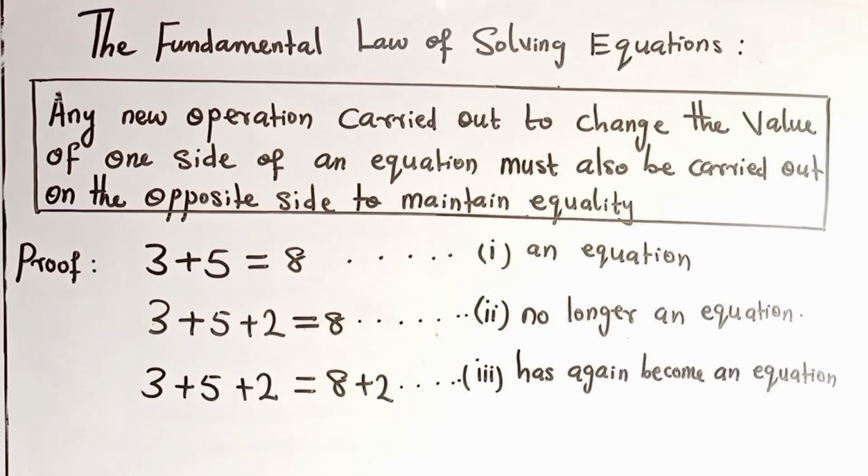Clearing brackets does not change the value of any side of an equation, which means it is not compulsory that if we clear brackets on the left-hand side, we must clear them also on the right-hand side, except by circumstance, it becomes necessary to clear another bracket on the right-hand side.